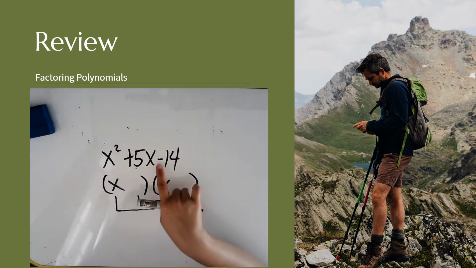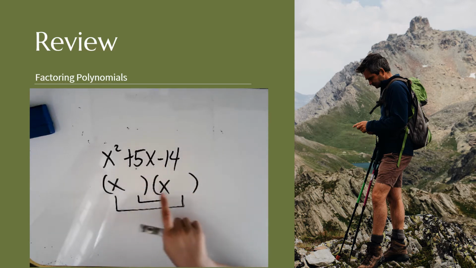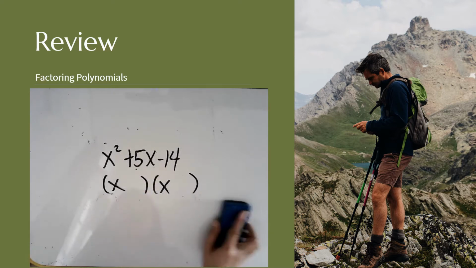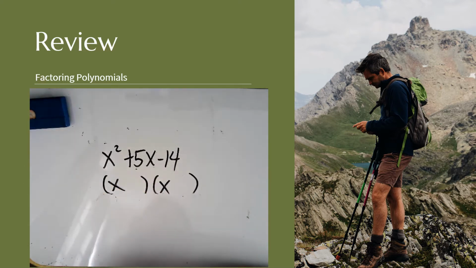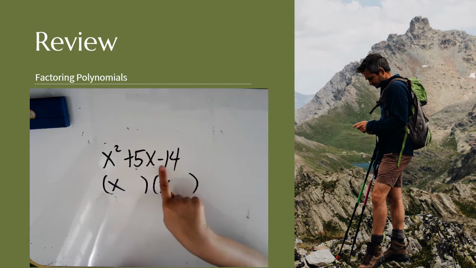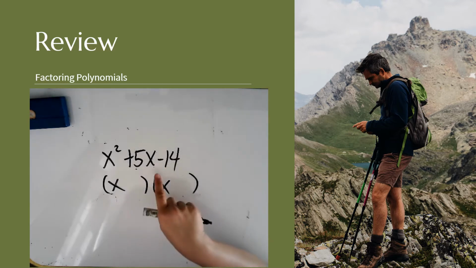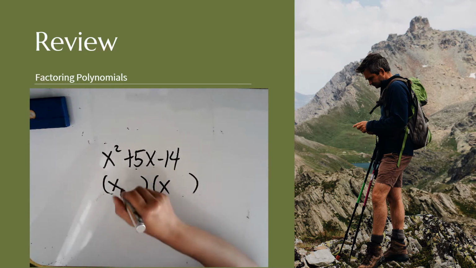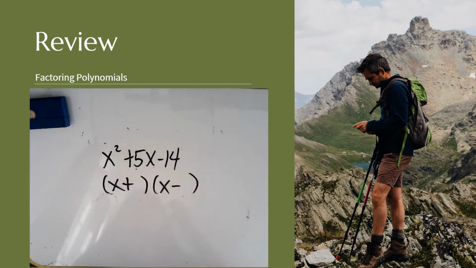The last term here is negative. It means that the two factors have different signs. One is positive and the other one is negative, because positive times negative is equal to negative. So again, if your last term is negative, it means the two factors have different signs.